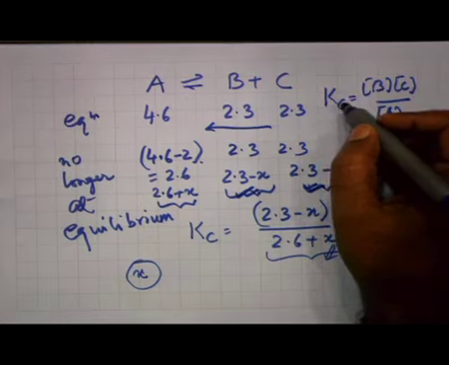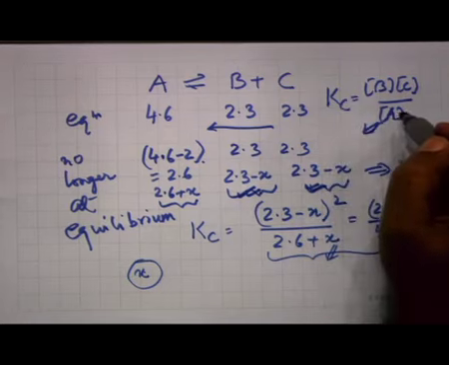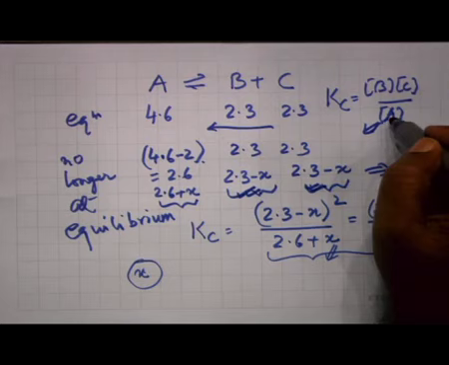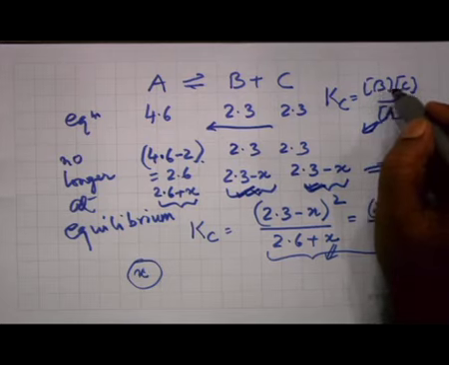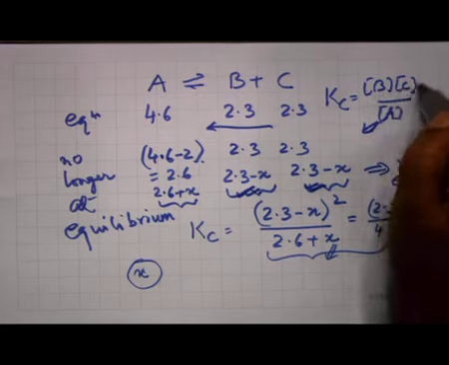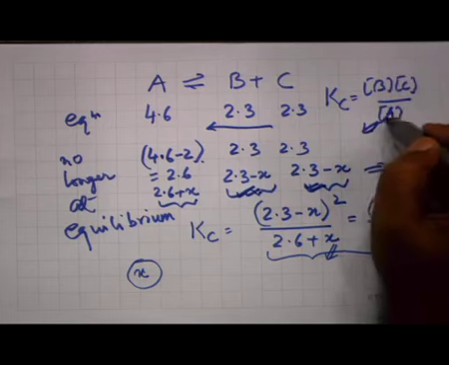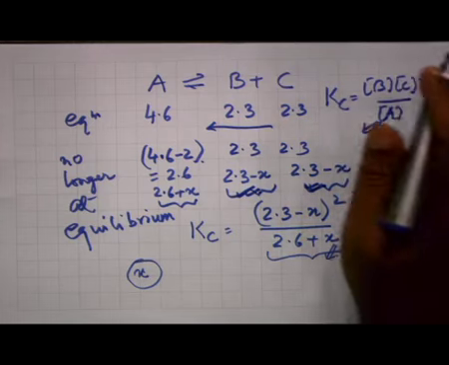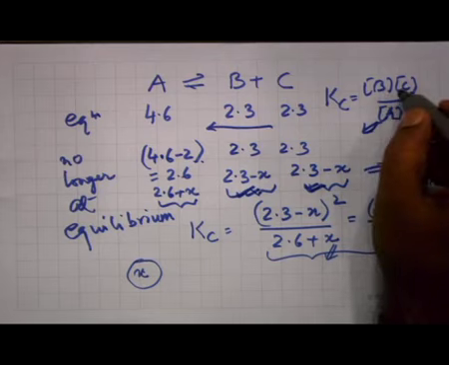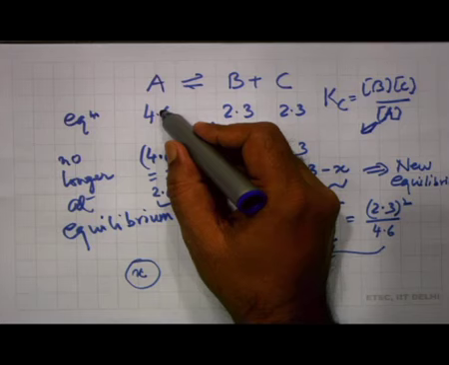So, if I remove A, then what will happen? The concentration of B and C will decrease, so that B into C by A remains constant, and that is why B and C decrease when the reverse reaction takes place.